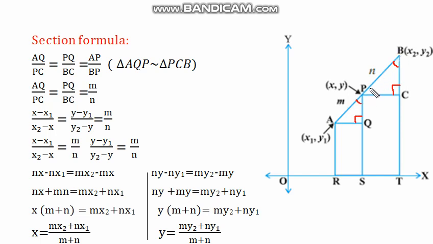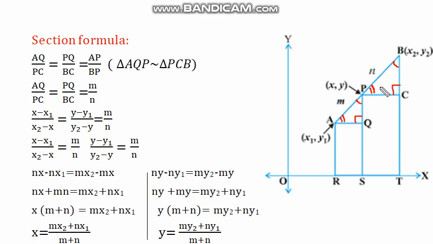Then see this angle BPC is corresponding to which angle? It's corresponding to angle PAQ. So these two angles are corresponding angles. So we can say that these two triangles are similar triangles.